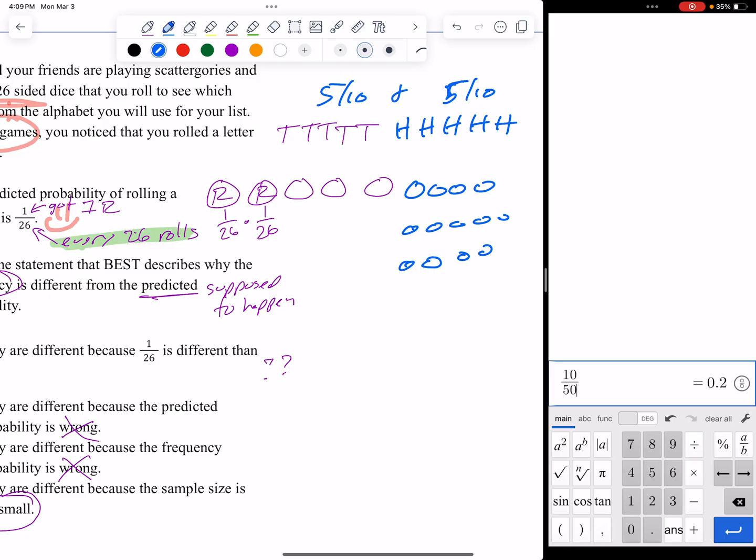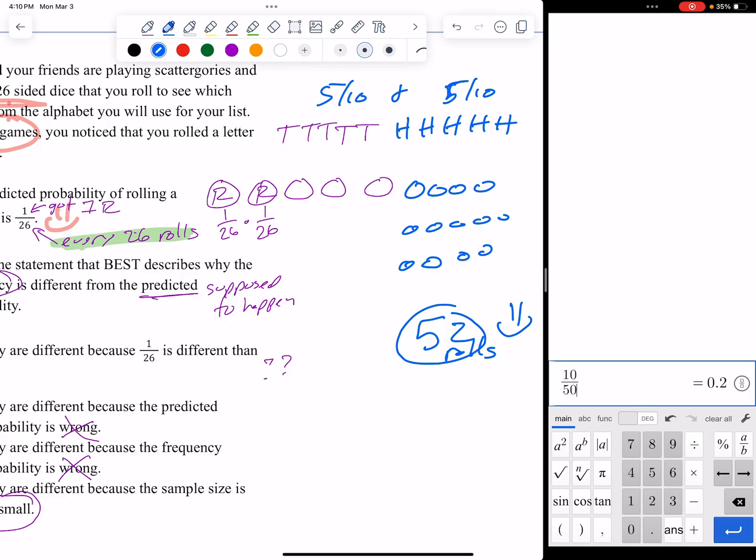So if I had kept rolling, eventually to, what is it, 26 and 26 is 52 rolls, and still only had 2 R's, then I would have had the predicted probability be the same as the frequency. Assuming I didn't get any R's, but I rolled it 52 times.